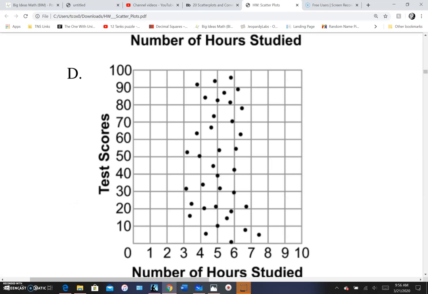What we are seeing, though, is students generally studied between 3 and 8 hours for this test, and scores range from 0 to 100. So the efficiency of how well these people studied is definitely determining the grade they got on this exam.